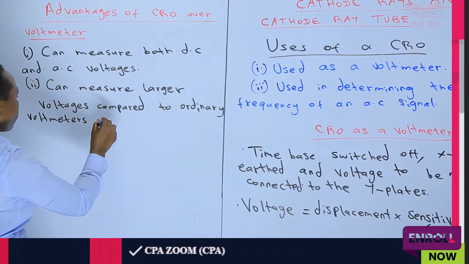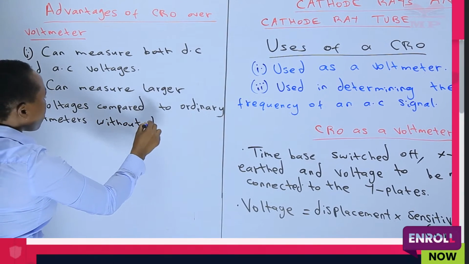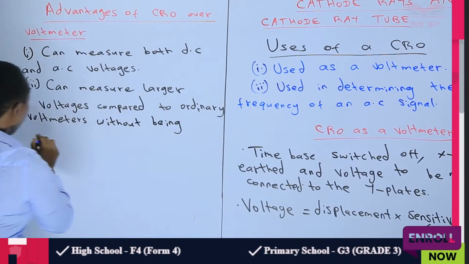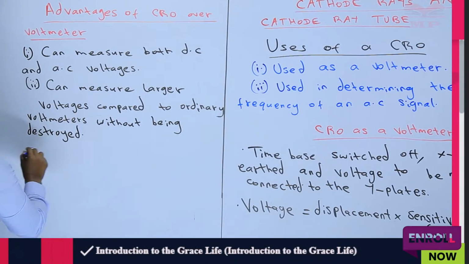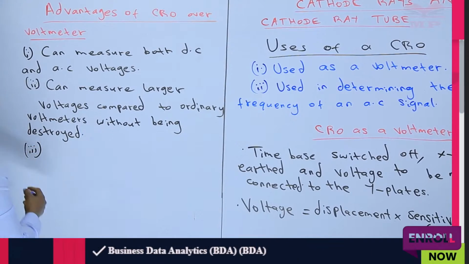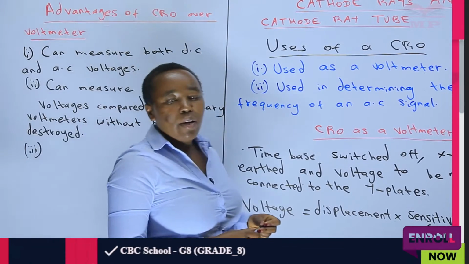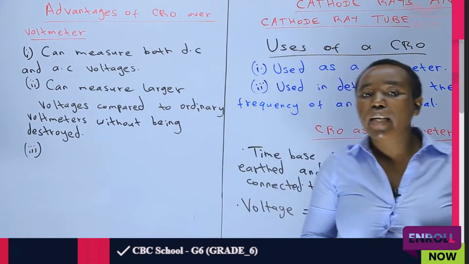So without being destroyed. That is another advantage of a CRO over the ordinary voltmeters.